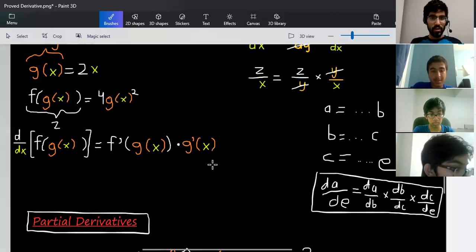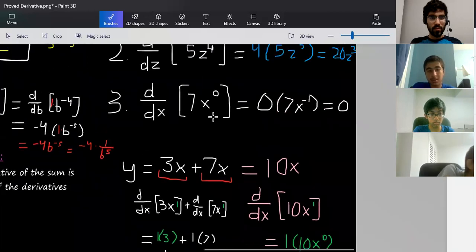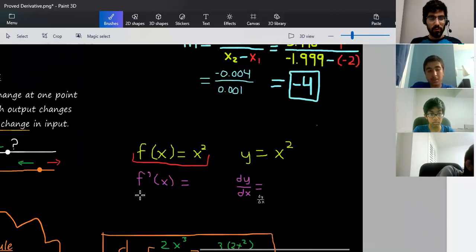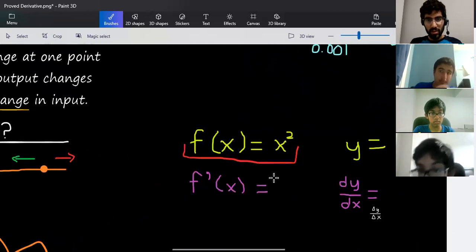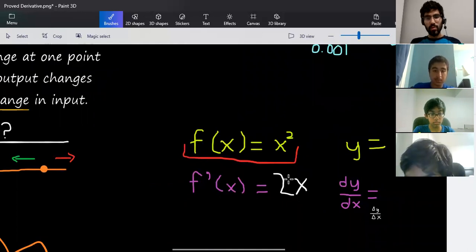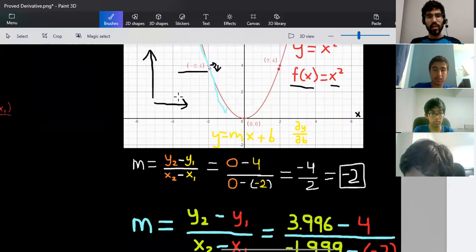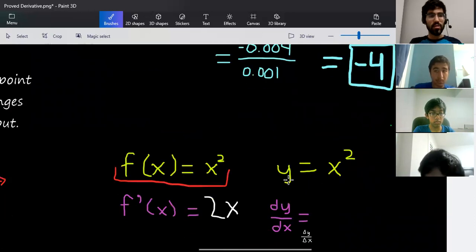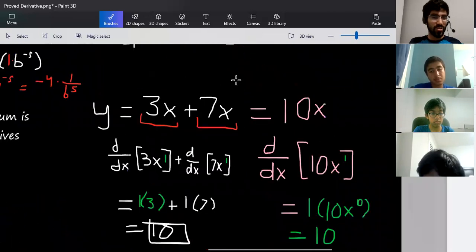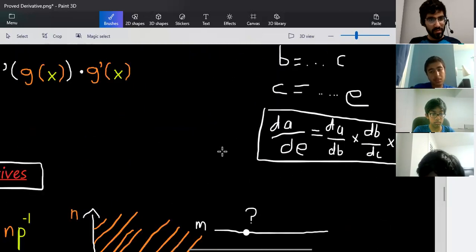That's why we calculated f prime of x, or dy by dx, so that we could create a new expression: from x squared we go to 2x, so that we could plug in values of x. We could plug in the values of the variables and get output numbers, which are the rates of change at that point. It's still the same thing. We just have to plug in more values, more variables.